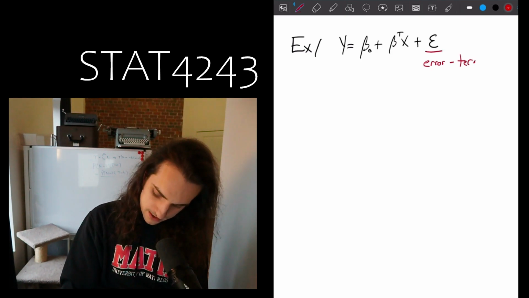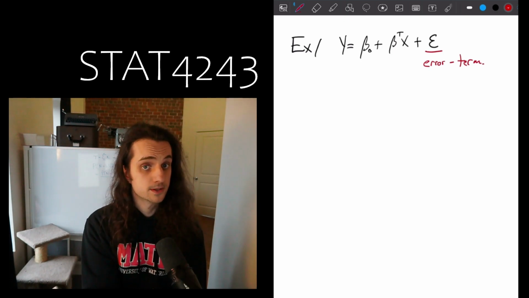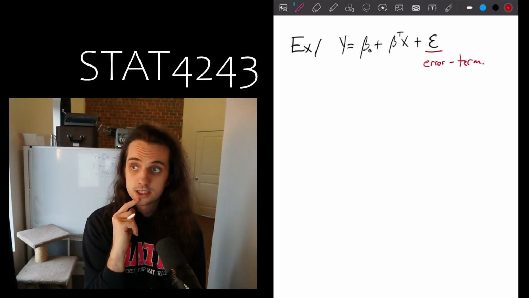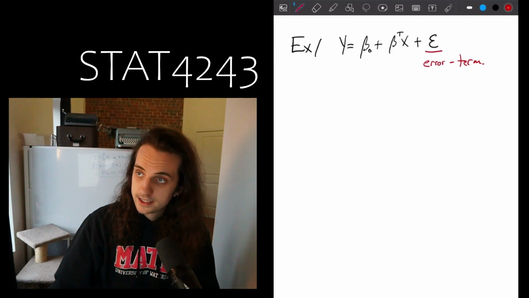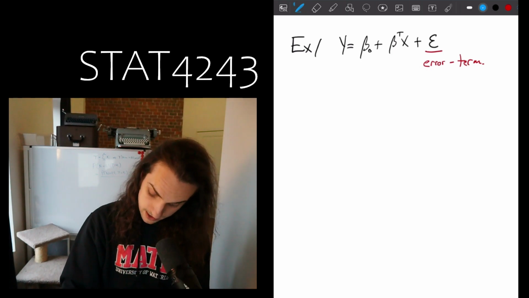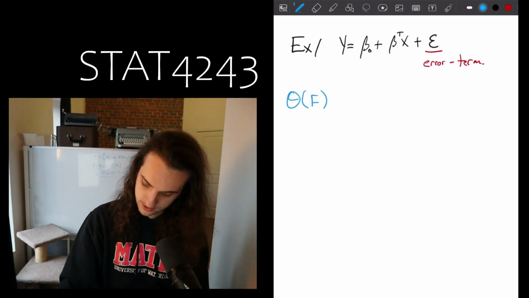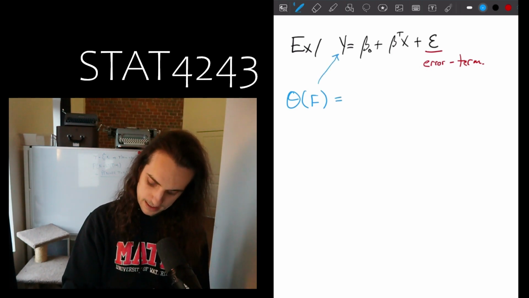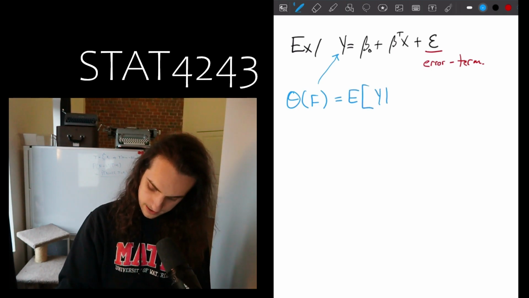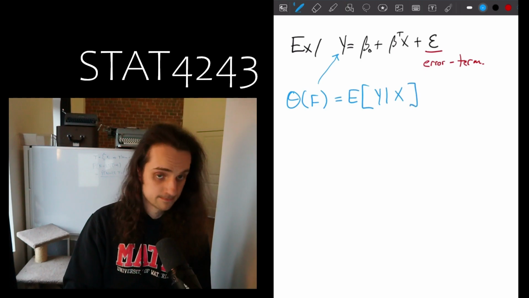You've probably seen this derived where you assume that the error term is normally distributed, but we don't actually need to assume that. And then what you can say is that if you take theta of f, where f is the distribution of y here, it is going to be the expected value of y given x.